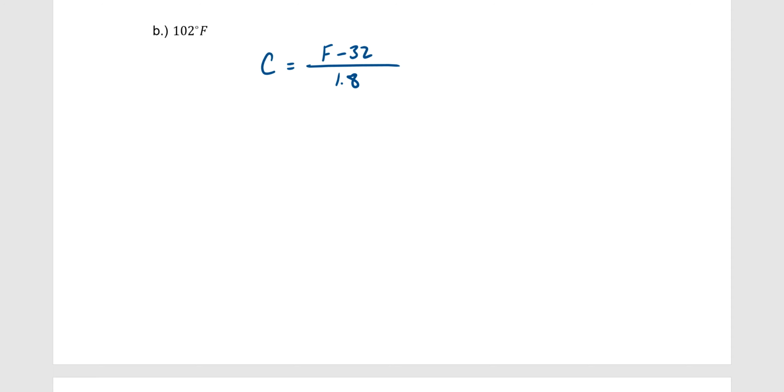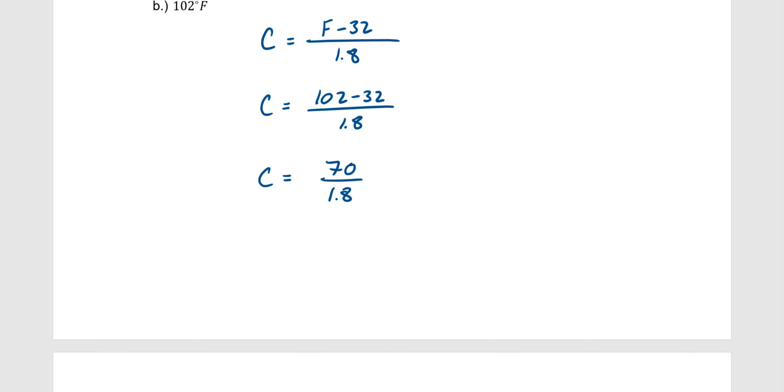For this one, we're going to plug in 102 into F. So it's going to be 102 minus 32 divided by 1.8. 102 minus 32 is 70. 70 divided by 1.8. You could divide this just like we did previously. We end up getting a repeated decimal.